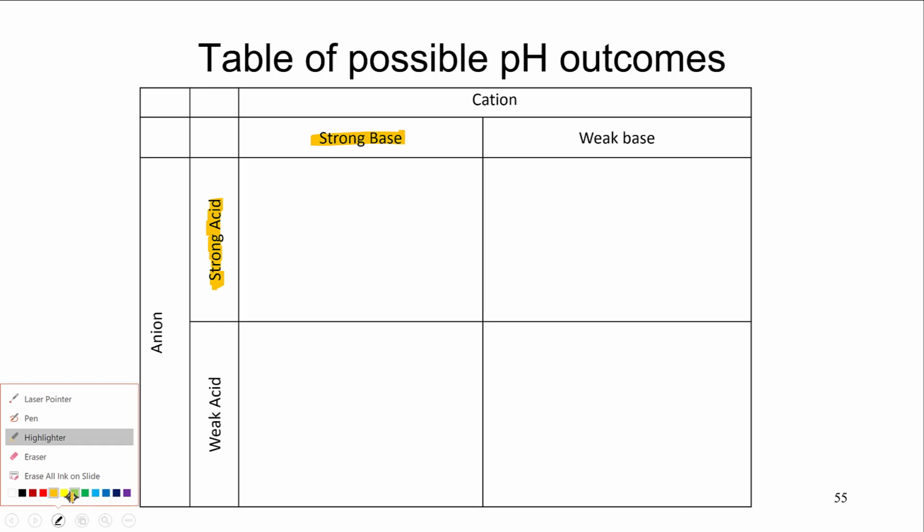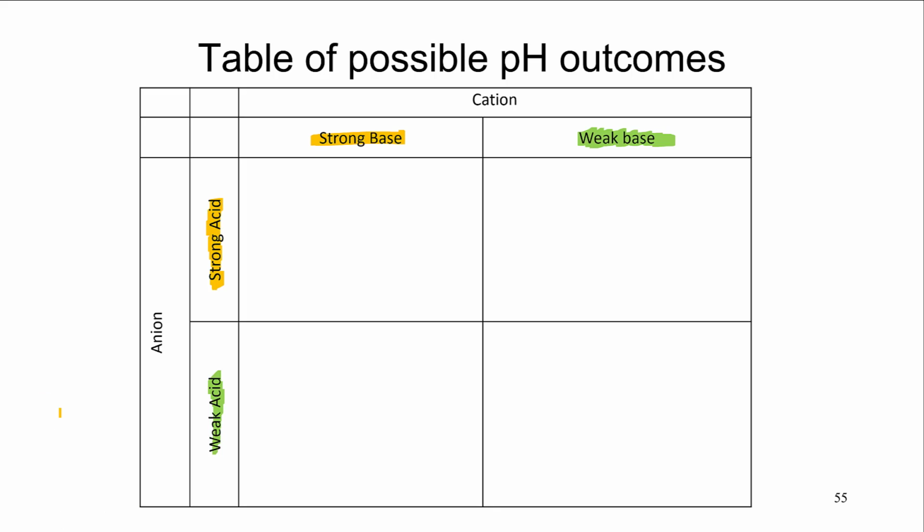So what you're going to be looking at is these guys to see what effects they have, okay? So what we'll do is talk about the possible solution outcomes if your salt is composed of one from the category of the anions and one from the category of the cations.